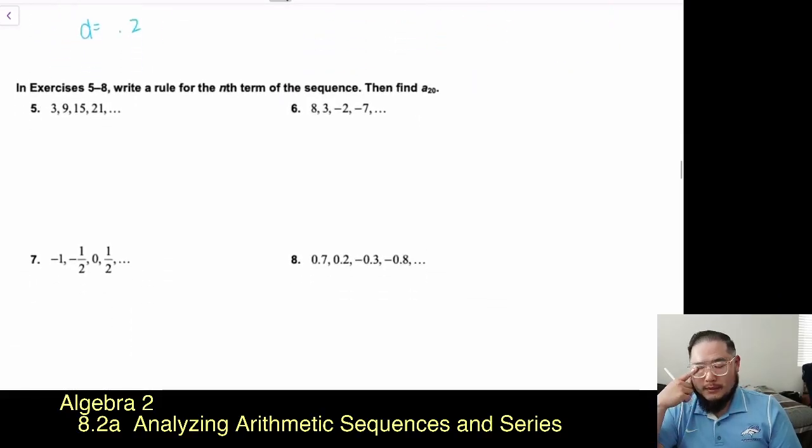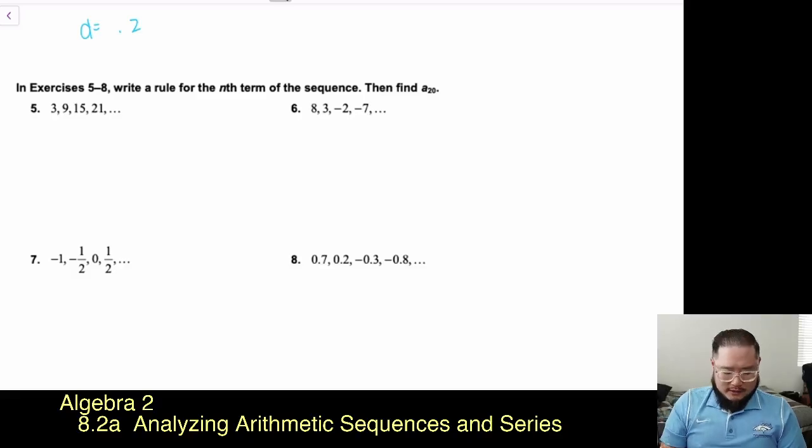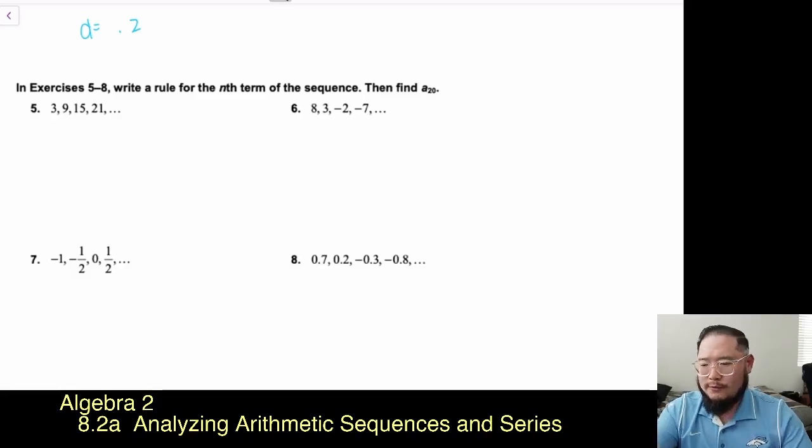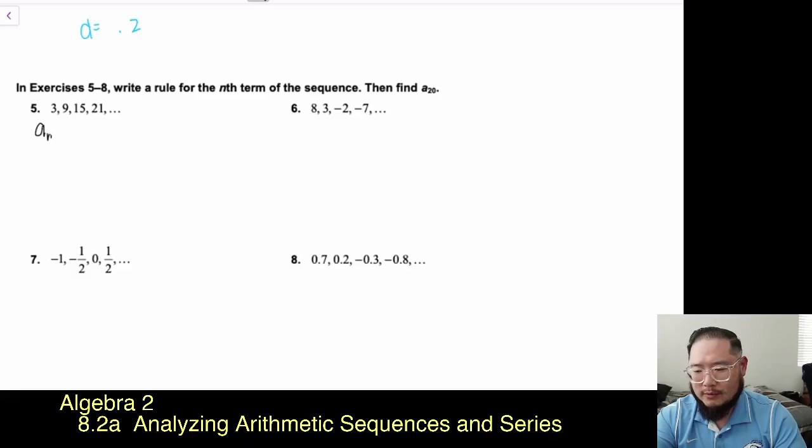Next up, it says write the rule for the nth term of the sequence, and then we have to find a sub 20, which is the 20th term right here. All right, so first and foremost, we have to know what the equation is. It's a sub n is equal to a sub 1 plus n minus 1 times d, which is your common difference.